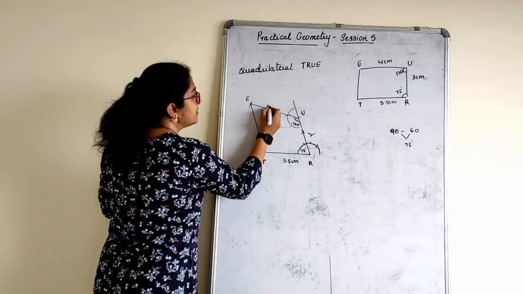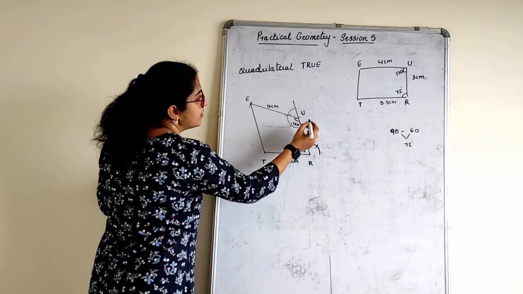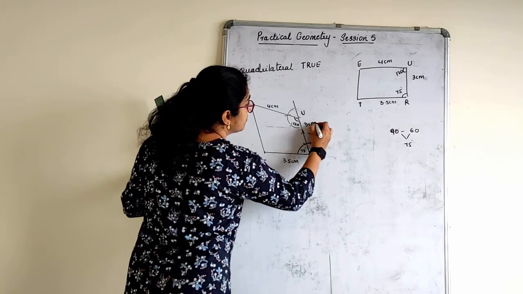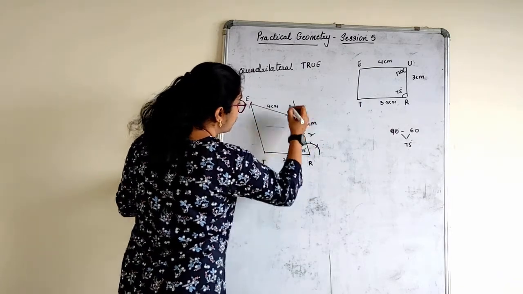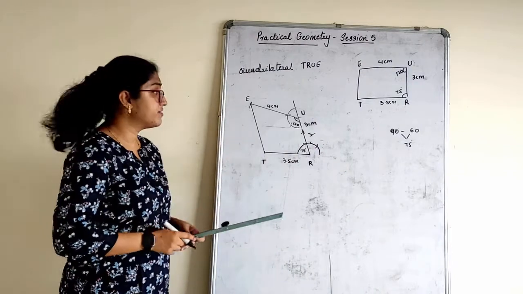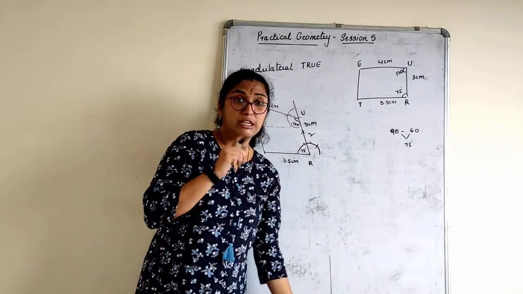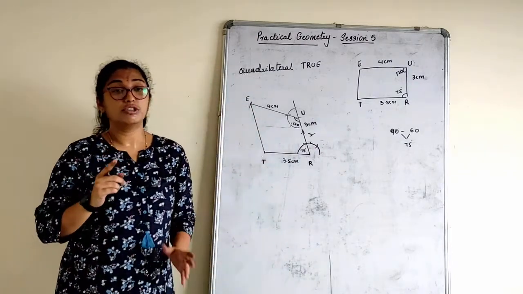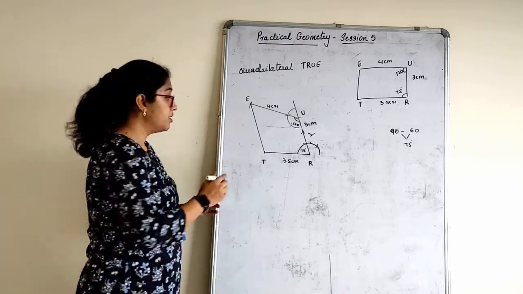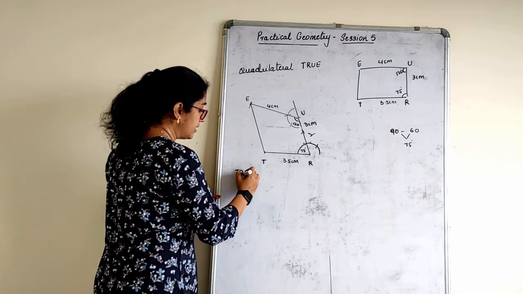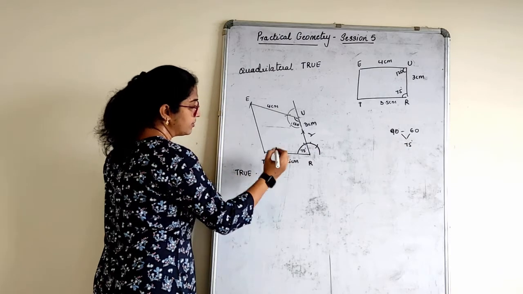Okay, 4 centimeter. This is 3 centimeter. 1, 2, 3, 4, 5. So the 5 parameters we have constructed. Look, it is looking how neat. Your construction also should come neat like this only. So this is the required quadrilateral.